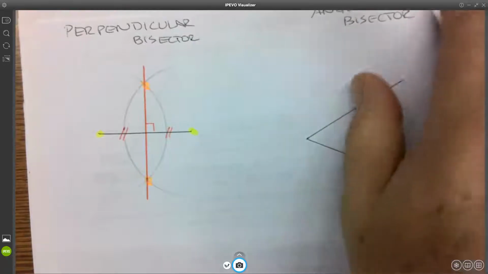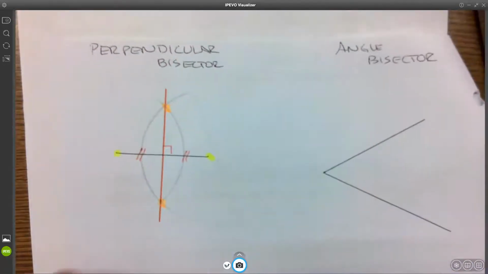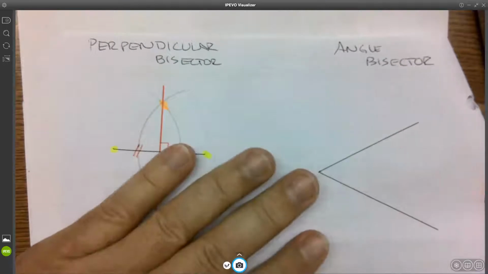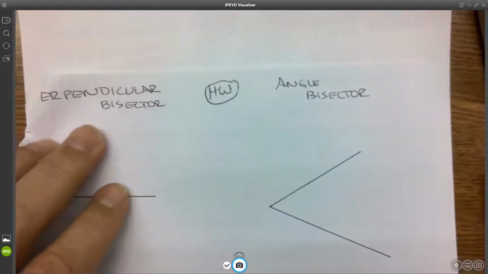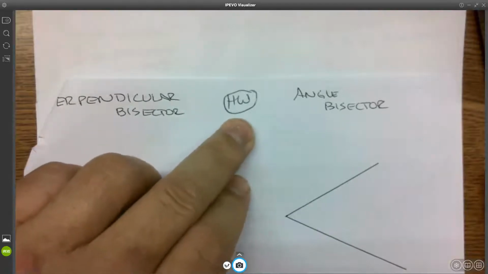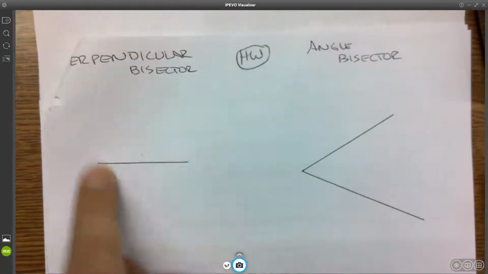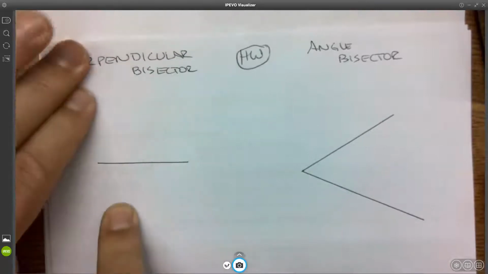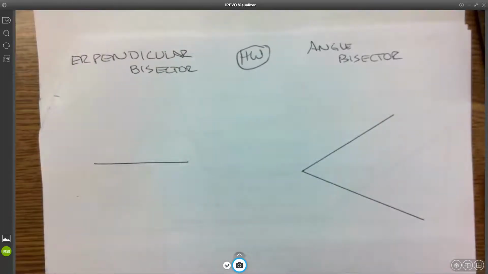Now, as I told you, there's actually 2 pages of this in your packet. There's this first page, which is notes for us. And then there's another page. If you flip it over, it'll say perpendicular bisector. Now it's got homework. So would you please now flip this over and do it again here? This is part of your homework.